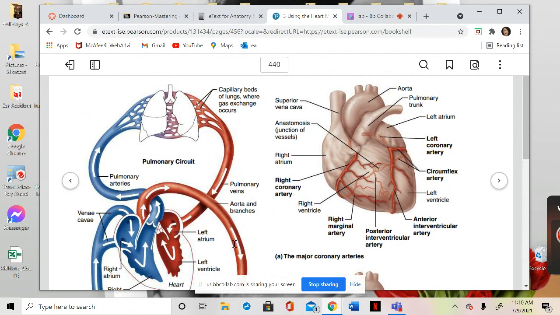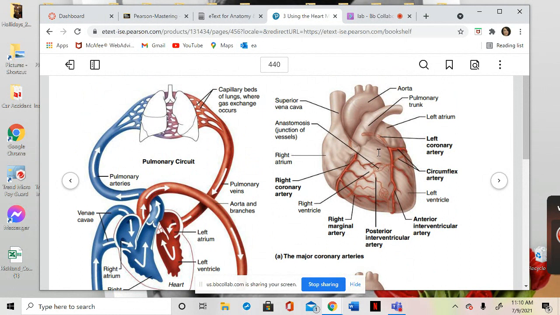So let's talk about the right coronary artery. The right coronary artery, as you can see over here, if you follow it, branches from the ascending aorta, just above the aortic valve, and it encircles the heart in the coronary sulcus.